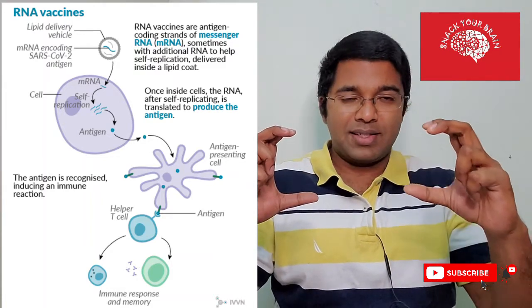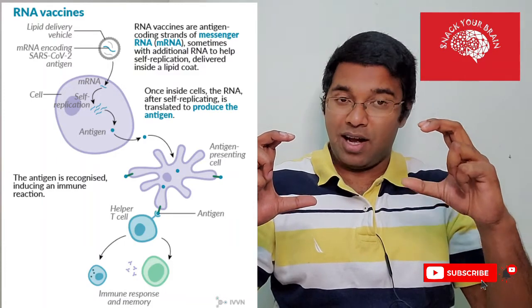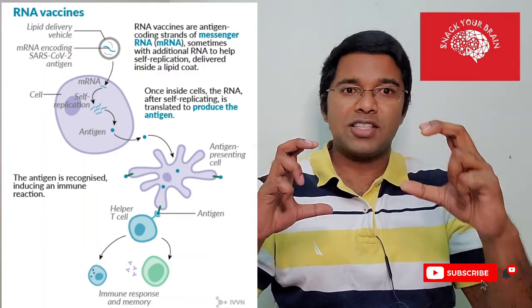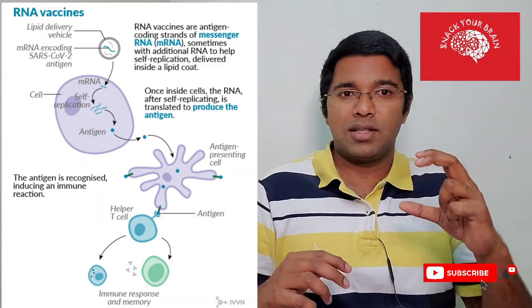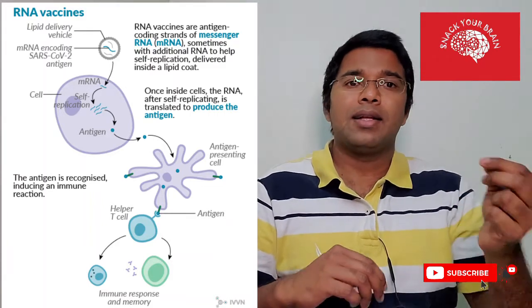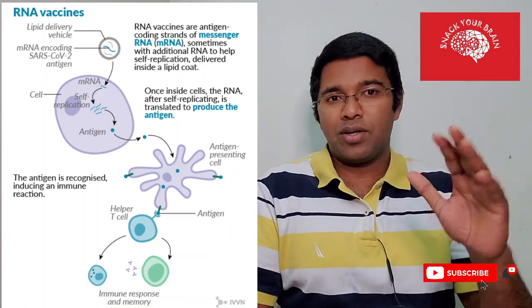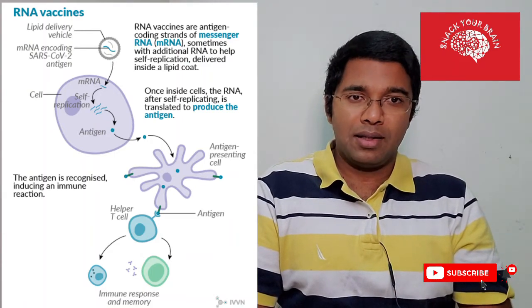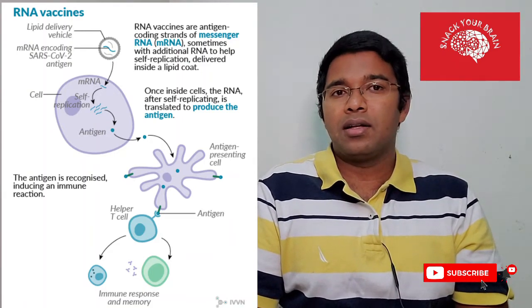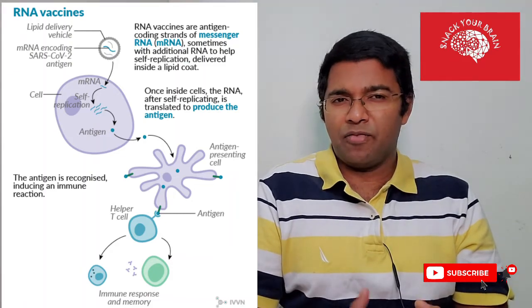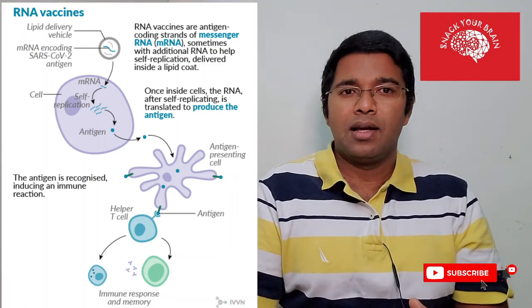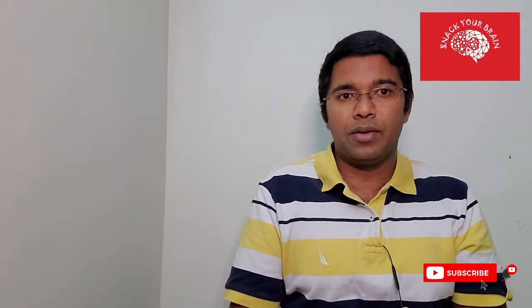So exactly the complement of it is created artificially, and that is formulated with stabilizers and proteins, and then injected into your body. So this is totally synthetic, and this is the way the Pfizer BioNTech vaccine and the Moderna vaccines are created for COVID.